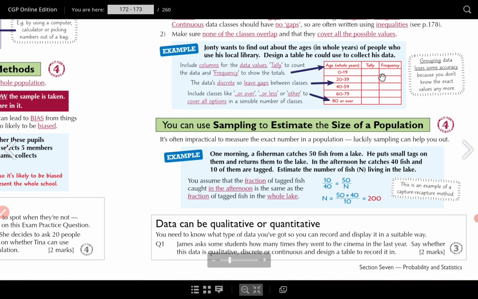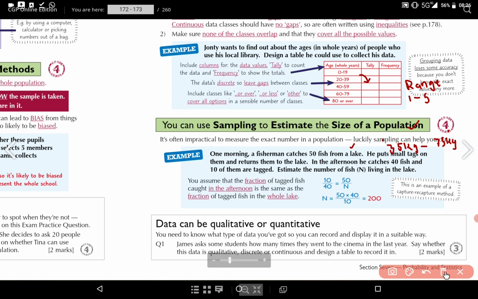Under tally here, if we would finish this, let's say those 0 to 19, let's say it was only 1. Here let's say there were only 3. Here let's say there were about 6, and here let's say it was 1, and here it was 0.